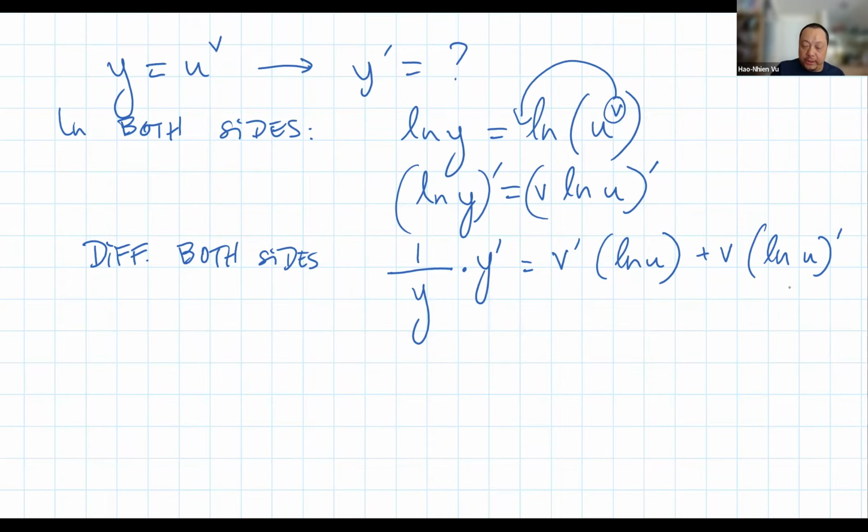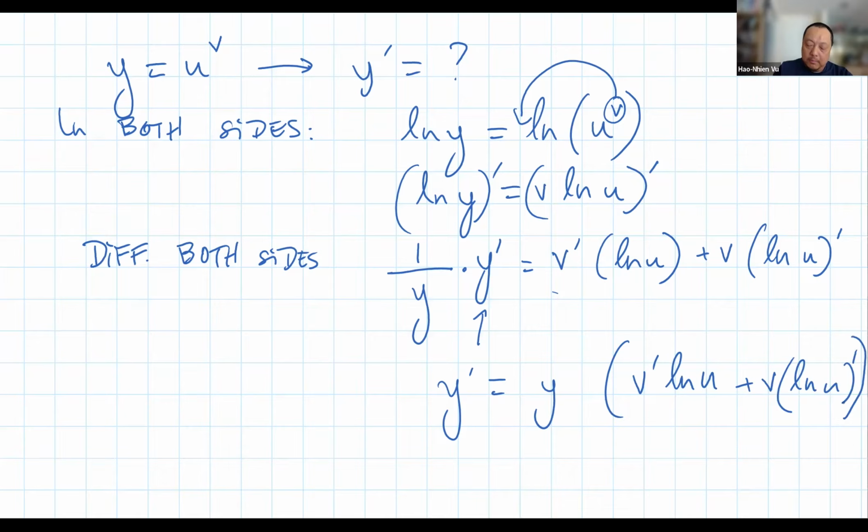For example, ln of u derivative is just going to be 1 over u times u prime. And v prime is whatever v prime is. So then you can solve for y prime by multiplying both sides by y times all of this. And y is u to the v, so you substitute it back in, and you're done.